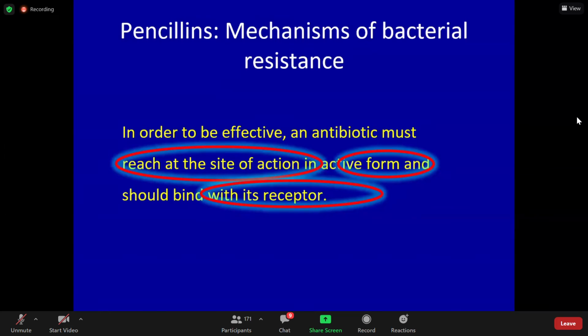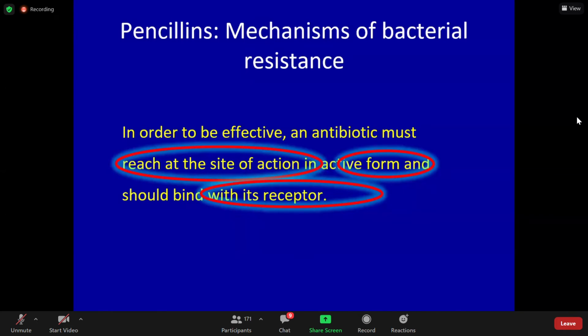From now on, Dr. Hakim will tell you about protein synthesis inhibitors, Hatif about antimetabolites. The bacteria develop resistance against all those antibiotics through one of these three mechanisms: either the drug does not reach, or it is not active at the required site of action, or it cannot bind with its receptor.